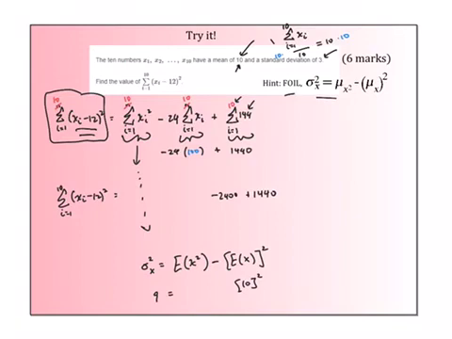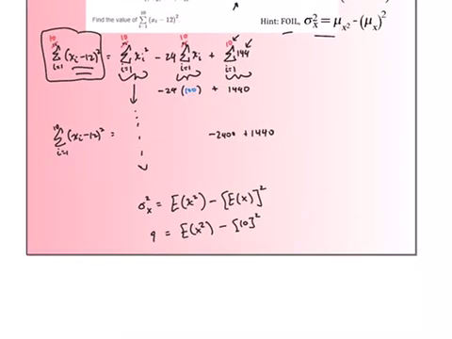So the expected value of all of the x squareds is going to be related to those 2 things, as proven on the previous page. So I can change this expression to the following.